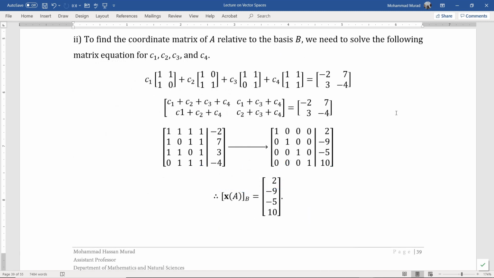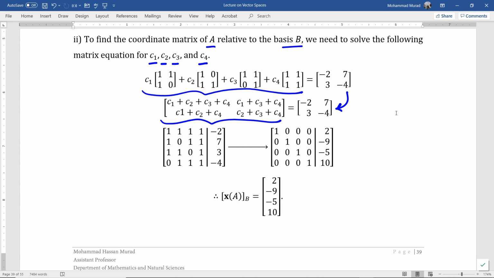Now, to find the coordinate matrix of A relative to the non-standard basis B, we need to solve the following matrix equation for the unknowns c₁, c₂, c₃, and c₄. The left-hand side of this matrix equation can be put into a single matrix, and the right-hand side remains the same.